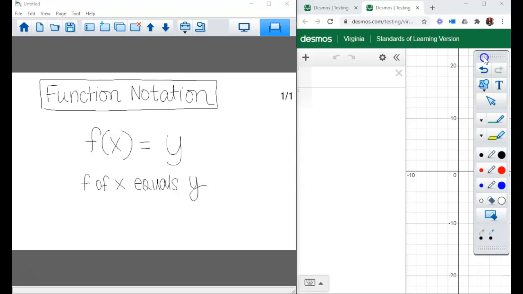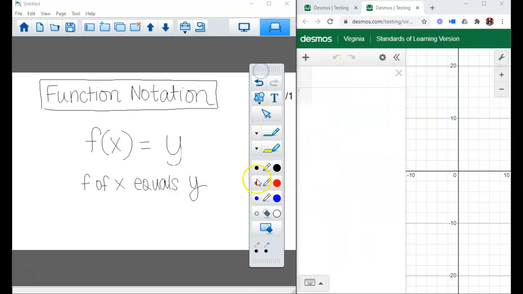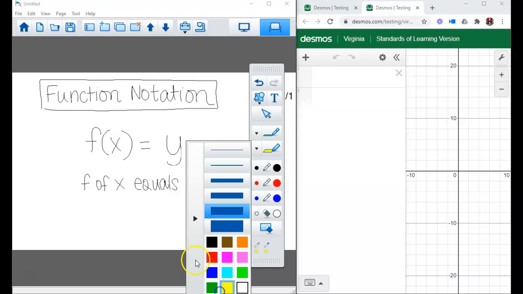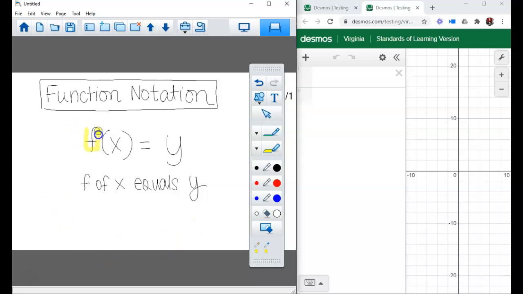So just to remind you a little bit about what all of these parts are, the f that we see here is actually the name of the function. And you'll remember from yesterday that they can also use other letters there to name the function, like G or H or P or whatever they want to use.